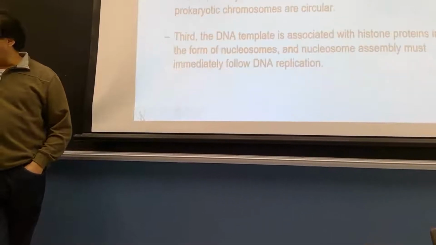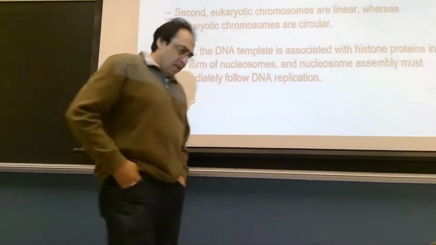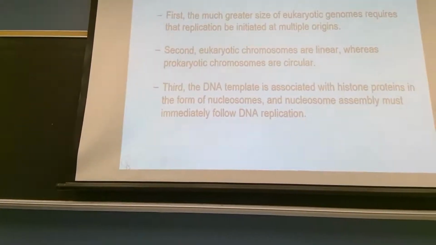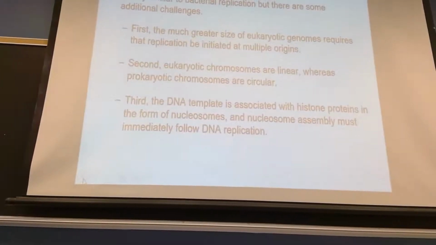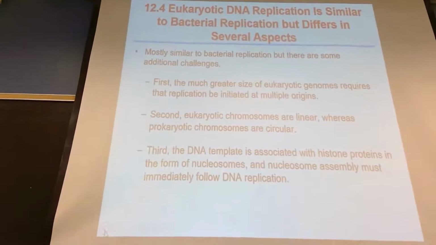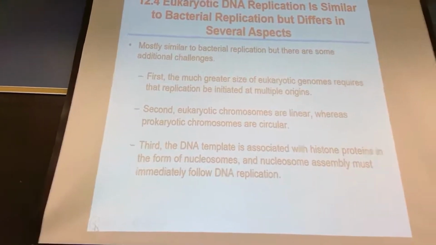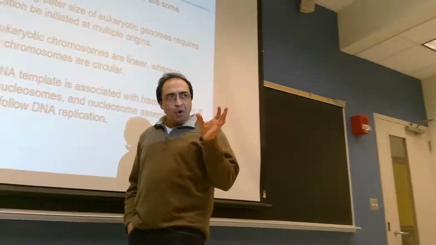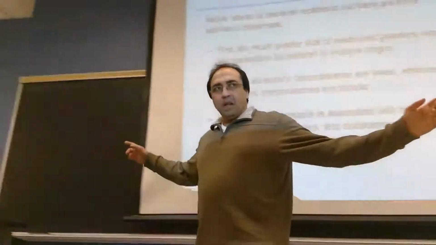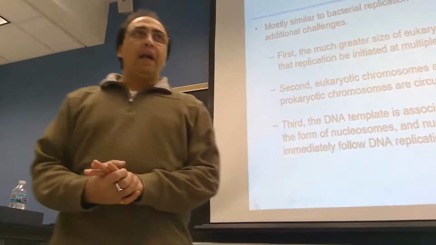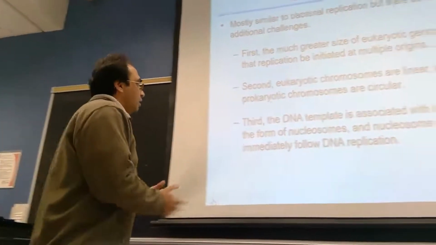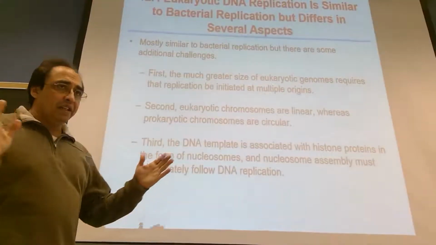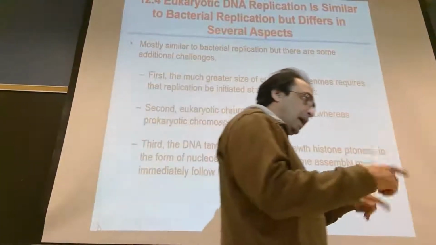Now we need to think about eukaryotic DNA replication. It is more or less similar to bacterial DNA replication, but there are certain differences because eukaryotic cells contain more proteins. It is more complicated and the DNA is very long, so they need a very short time to replicate the whole DNA.